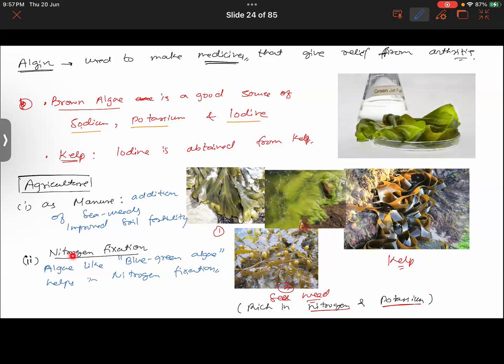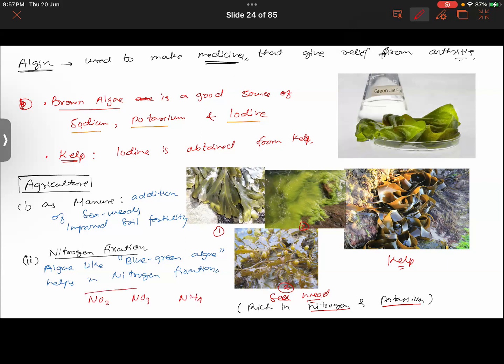So, hope you guys have understood. Right now, we know that plants cannot directly take the nitrogen gas from the atmosphere. So the atmospheric nitrogen gas has to be converted into particular compounds, like nitrogen dioxide, nitrogen trioxide, or ammonia.